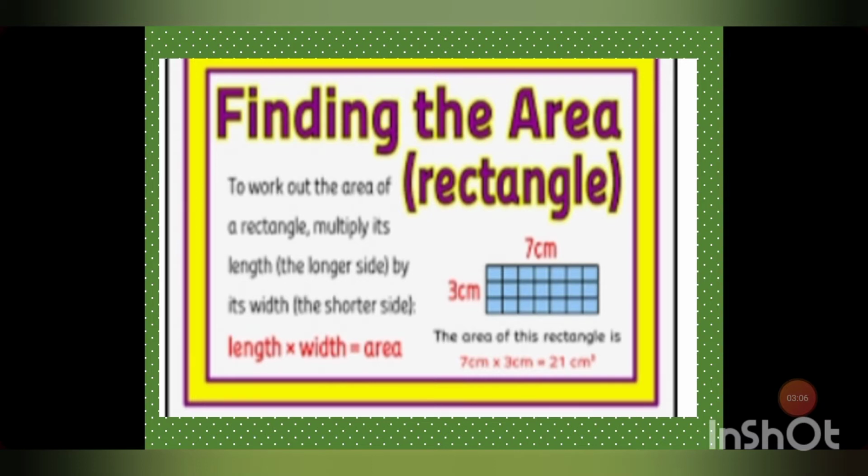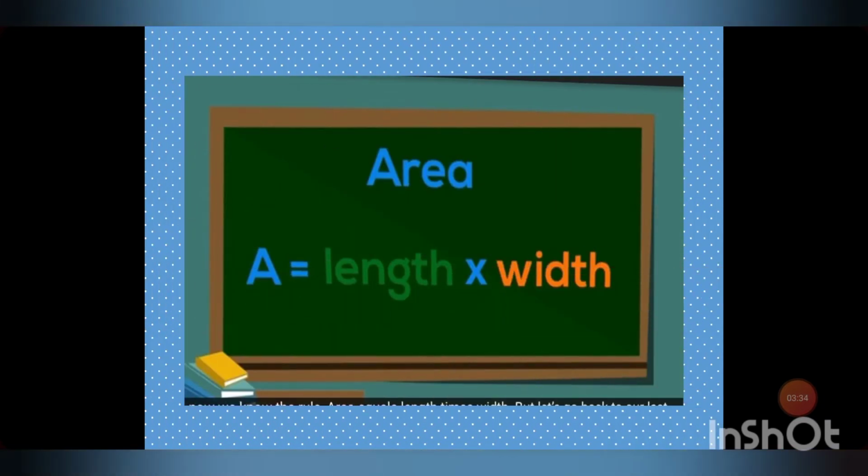To work out the area of a rectangle, multiply its length, the longer side, by its width. The width is the same as the breadth, which is the shorter side. So what is the formula? The formula of an area is length times width, or length times breadth. Okay?